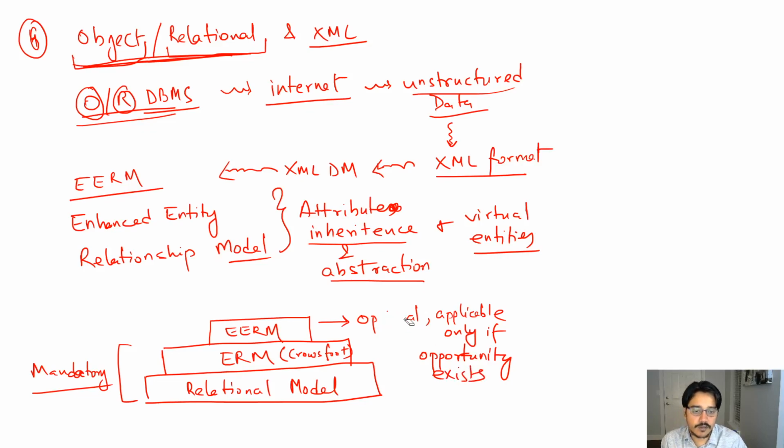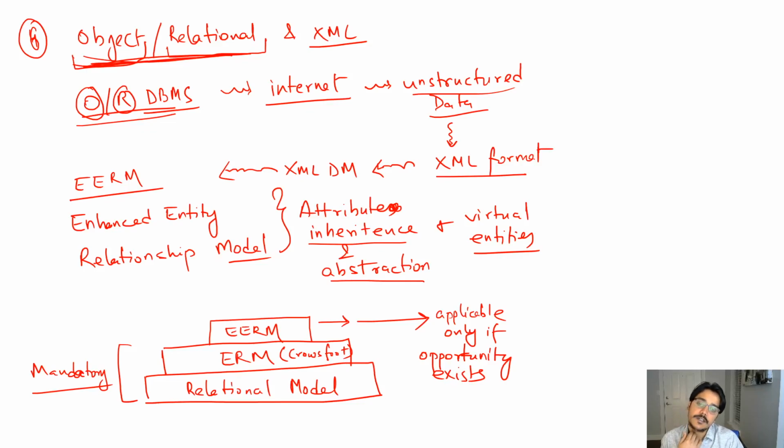Okay, so let's not call it optional, otherwise it will be misleading. If there is scope of applying extended or enhanced entity relationship model, which introduces the concept of object-oriented modeling, then you will have to apply it.